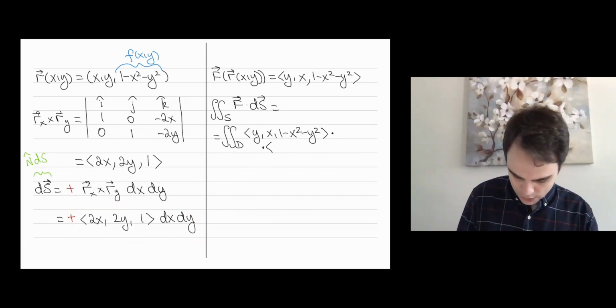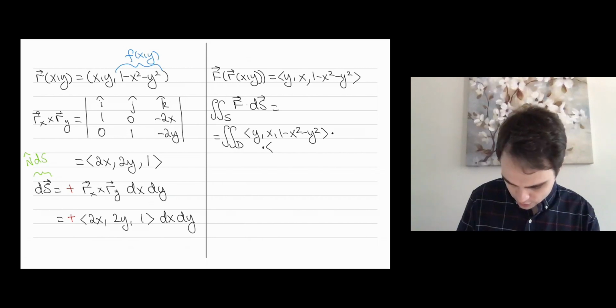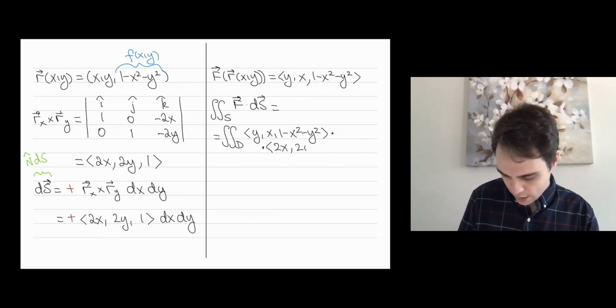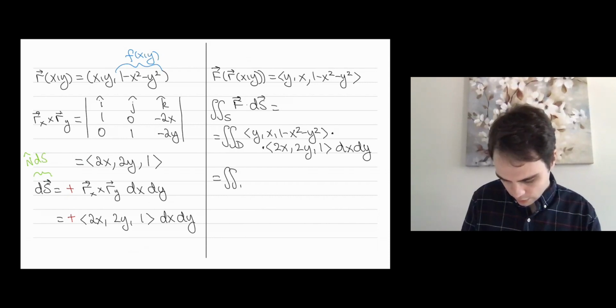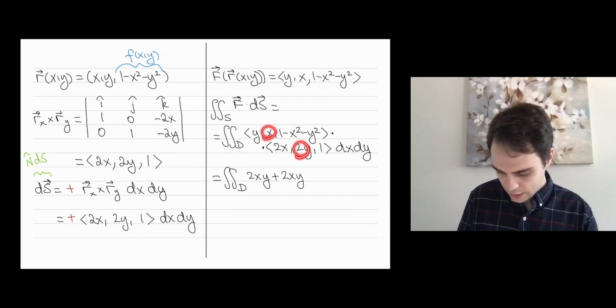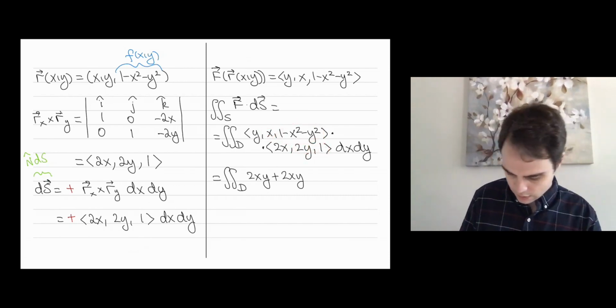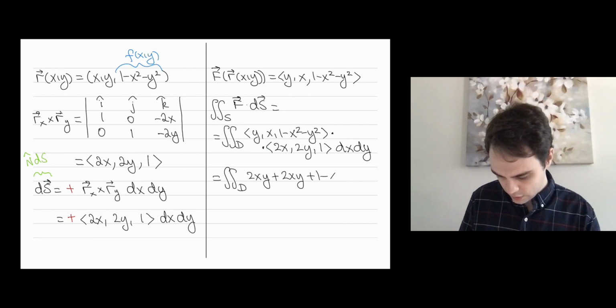We're using the plus sign, so that's 2x, 2y, 1, times dx dy. So we do the dot product: 2xy plus another 2xy, that's this product, and then plus the product of those two things, which is this.